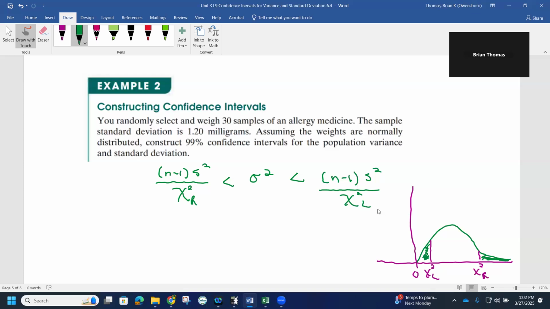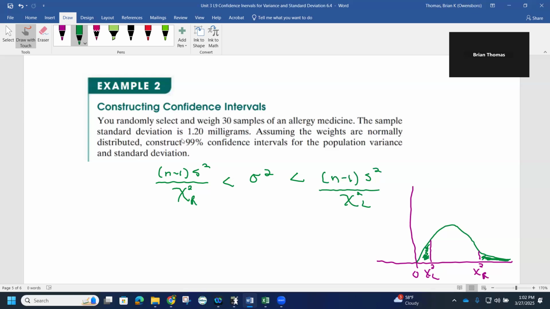Now, we were doing it with the table, but this time I want to use Excel to kind of work out this problem. So in this problem, we randomly select and weigh 30 samples of allergy medicine. The sample standard deviation is 1.20 milligrams.